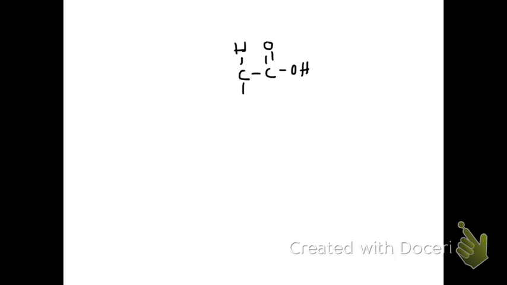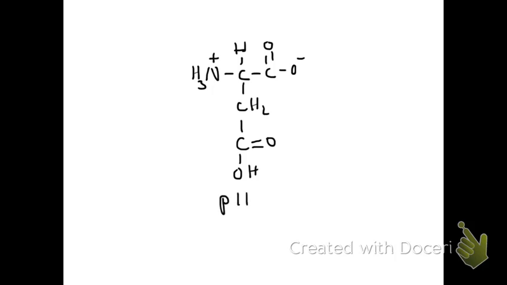Okay, except we'll draw it as a zwitterion, so this is going to be negative. There's our positive. And aspartic acid has an acidic R group, so it has a carboxylic acid sitting out here. And that's our zwitterion. And the pH at the isoelectric point, if you look at your data packet, is 2.8.